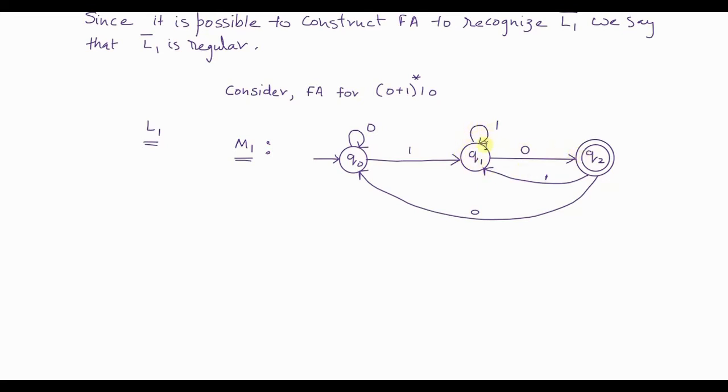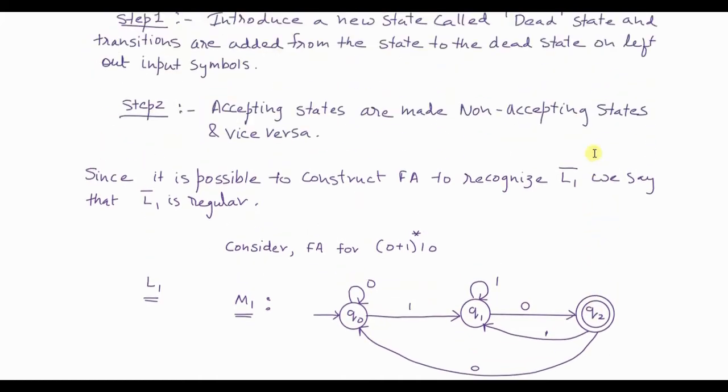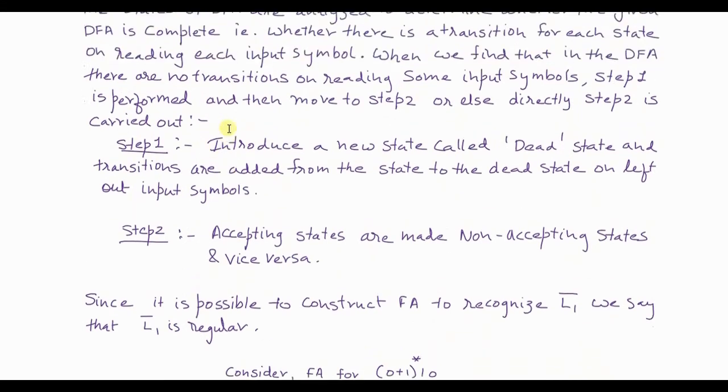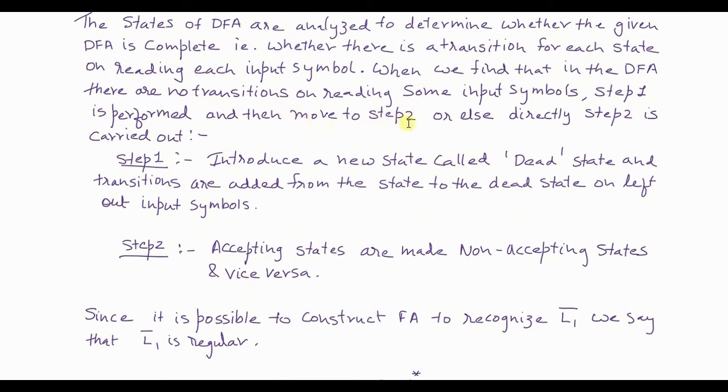Q1 on 1 goes to itself. So both transitions are defined for Q1 also. Q2 on 1 goes to Q1. Q2 on 0 goes to Q0. So for all these 3 states, all the transitions are defined on 0 and 1. So step 1 is not required, and directly step 2 is carried out.